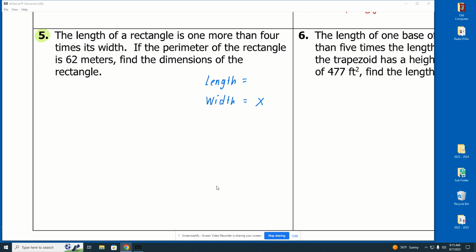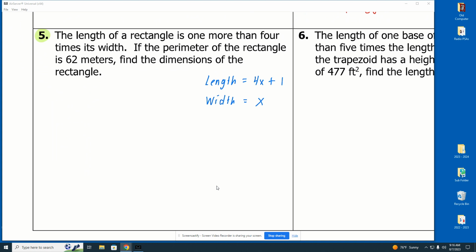Now we can define the length. It's 1 more than. How do I do 1 more than? You add, right? Could you do 1 plus or plus 1? Yes. Doesn't matter, does it? Which one would y'all prefer? Plus 1? Okay, 1 more than what? 4 times the width. And we call the width what? So 4x plus 1. Or 1 plus 4x.